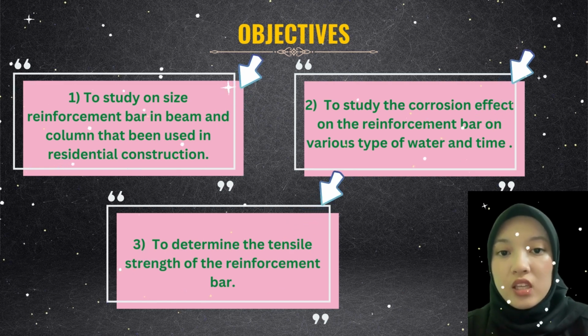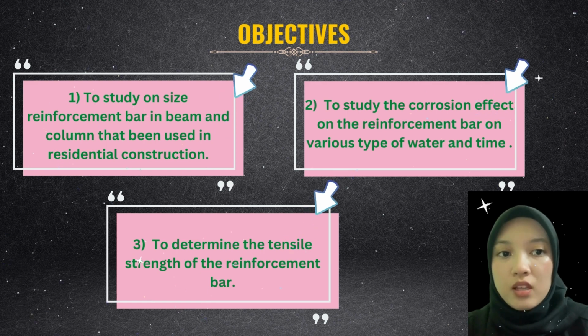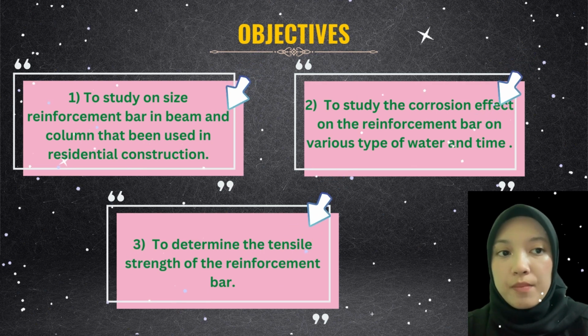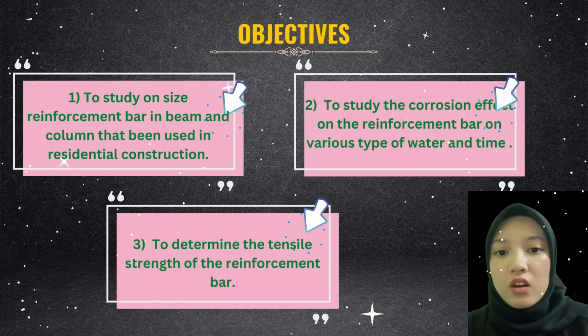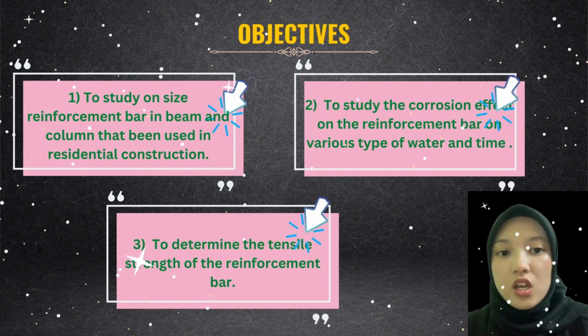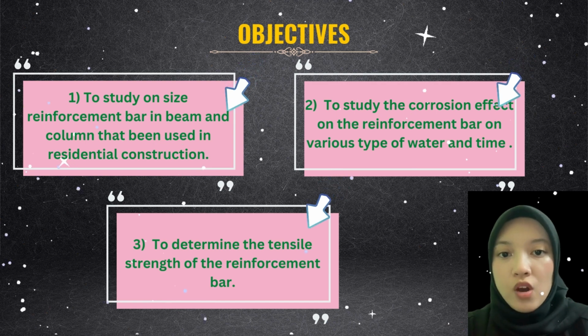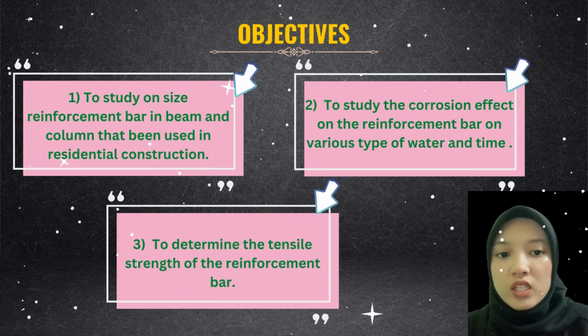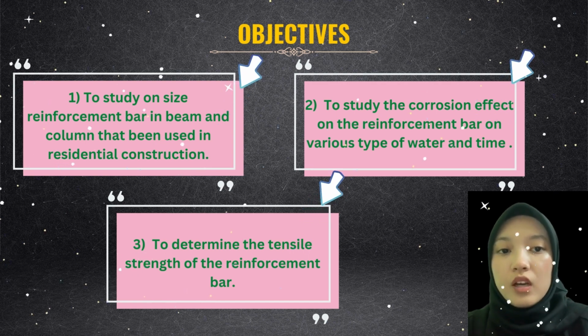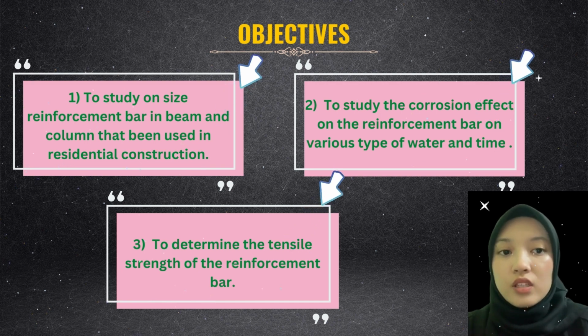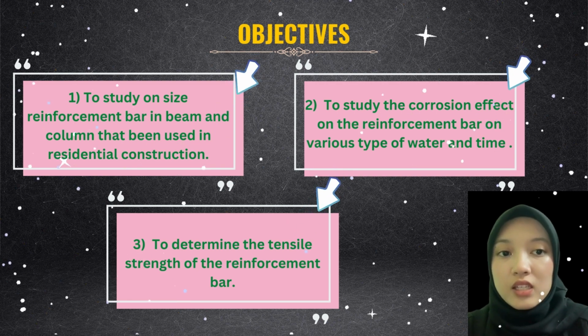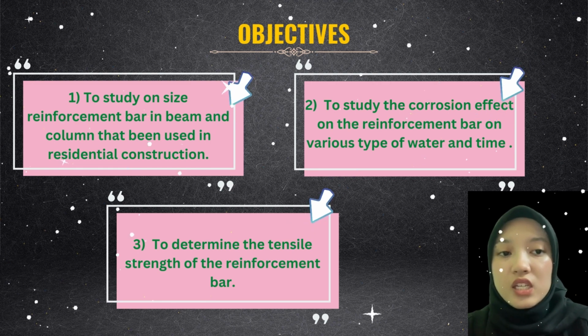First, to study the size of reinforcement bar in beams and columns that is used in residential construction. Second, to study the corrosion effect on reinforcement bar in various types of water and time. Lastly, to determine the tensile strength of the reinforcement bar.